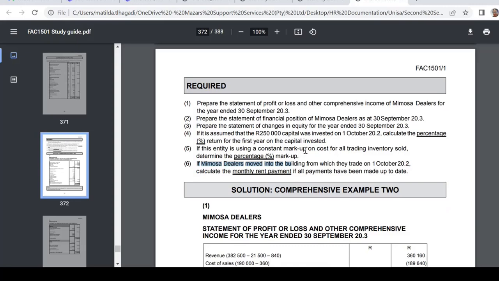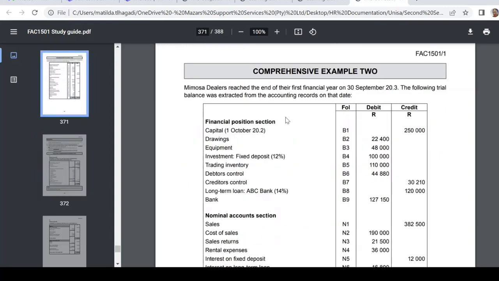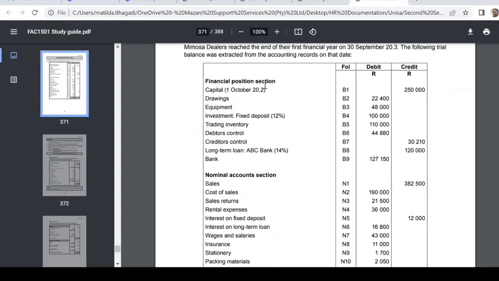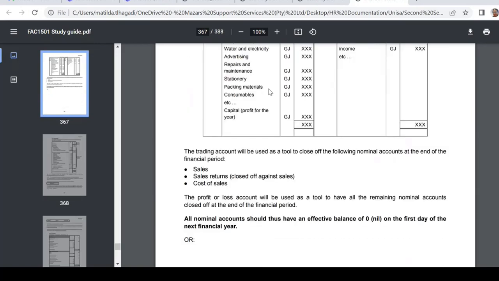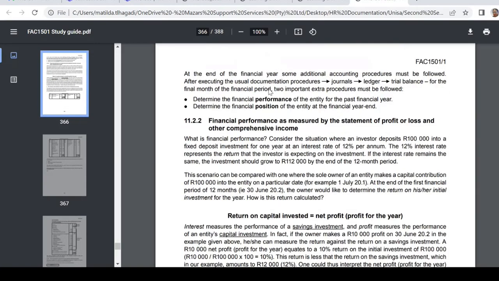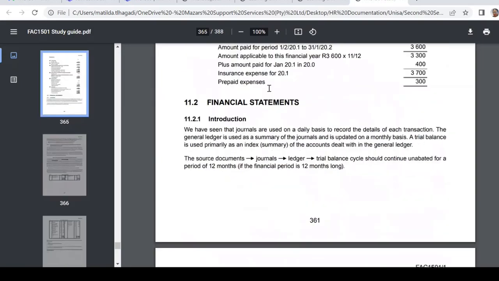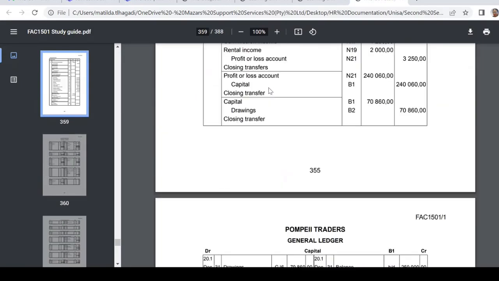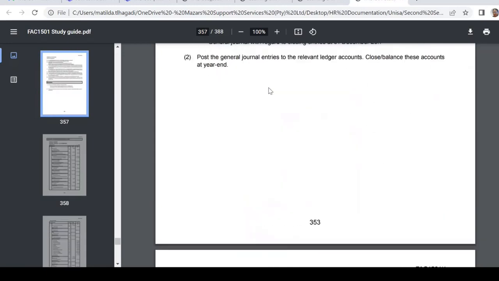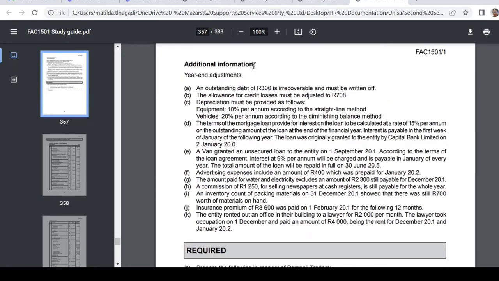So what I can advise you, especially when they're giving you the trial balance, is to apply yourself with these questions. There's a question that I saw now that I think most people can get wrong. Allowance for credit losses must be adjusted to 708.